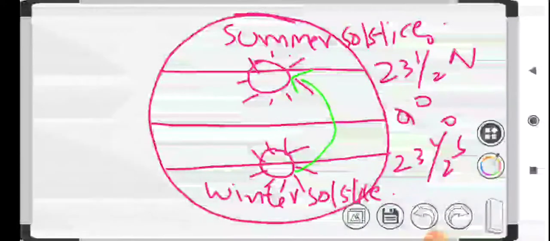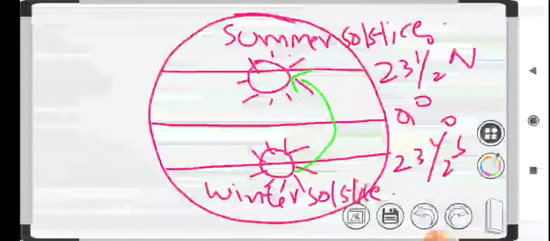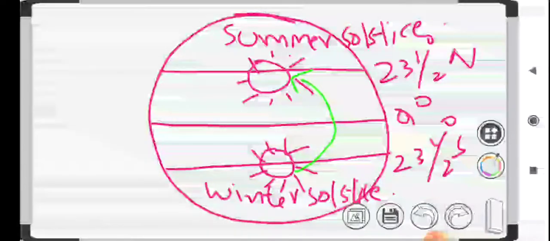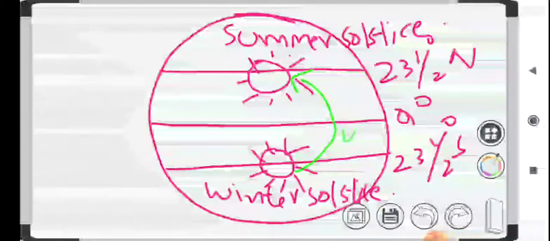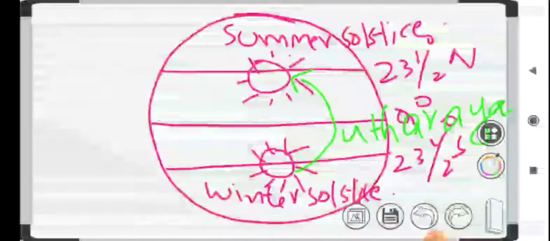In the next 6 months, the sun has the northward apparent movement from Tropic of Capricorn to Tropic of Cancer. This northward movement of the sun is called Uttarayanam.